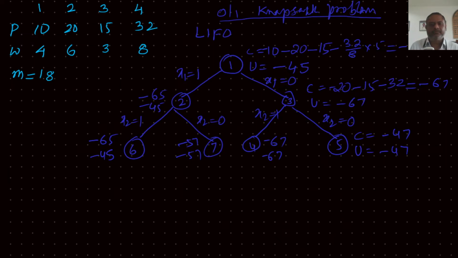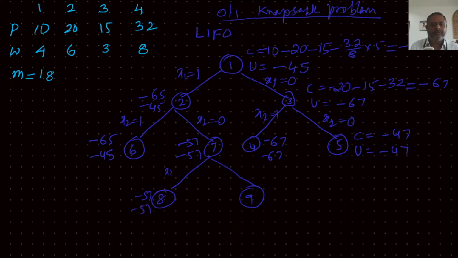So who is next? The last item. The last one is 7. In this row, 4, 5, 6, 7, node 7 is the latest entry. So next we solve this, and that makes 8 and 9. Definitely this is minus 57, this is minus 57.